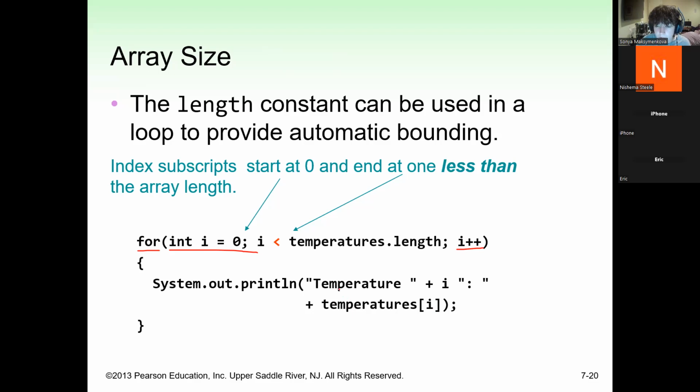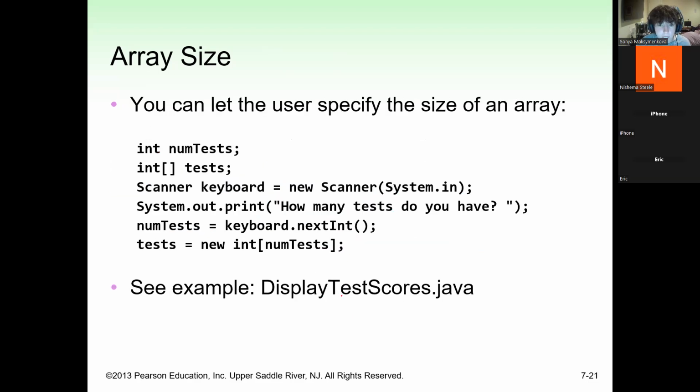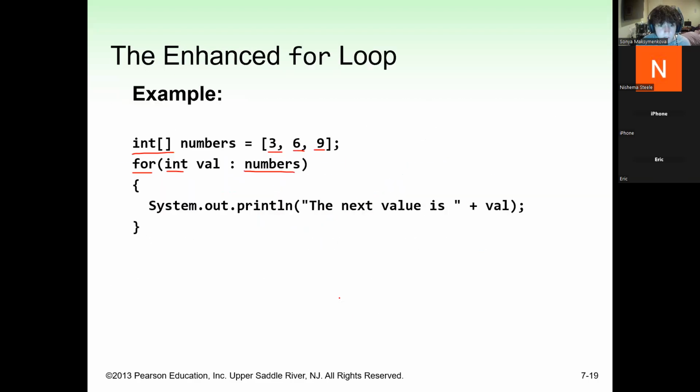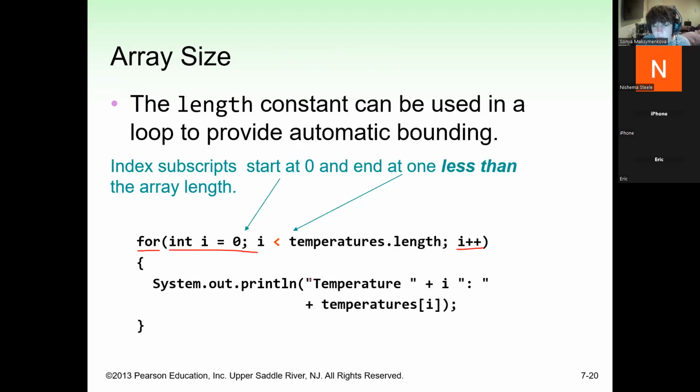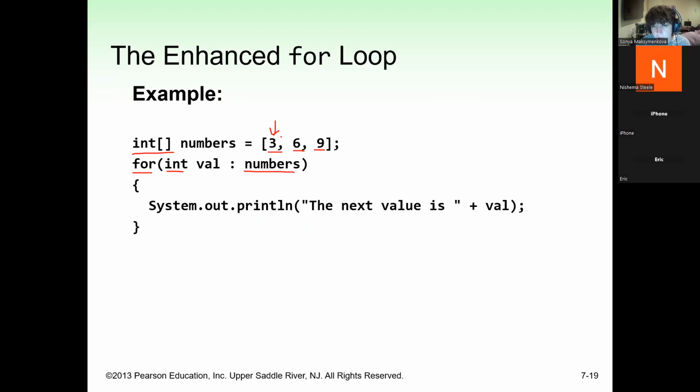We do not have temperature here, but if we take the numbers, this would print temperature 3, then temperature 6, and then temperature 9, and then your for loop would just stop executing because it would get to the end of your array.